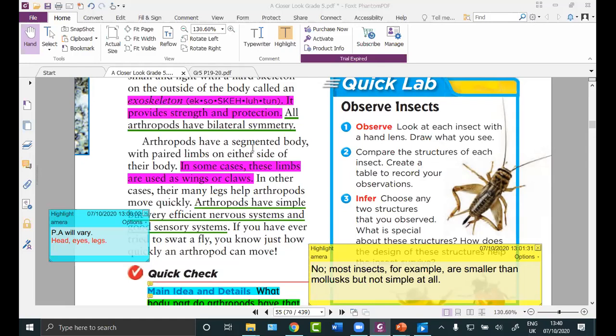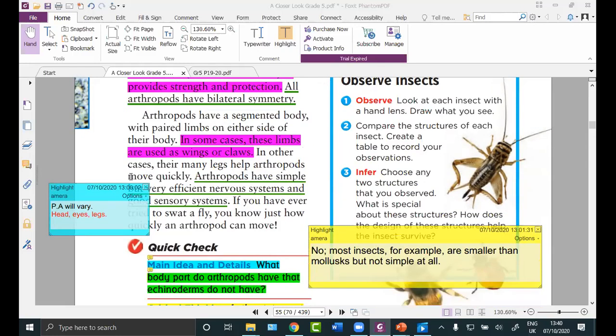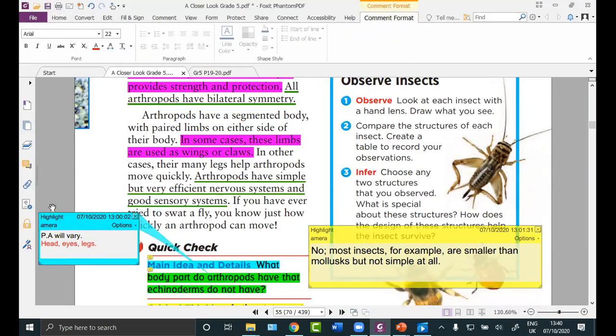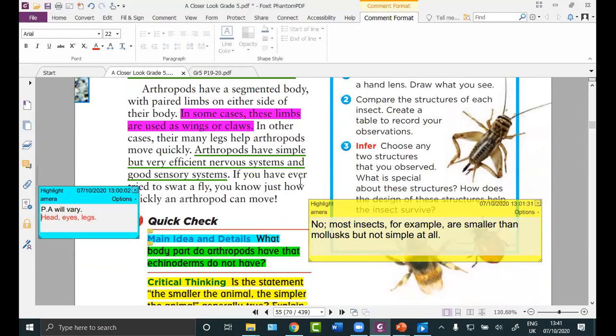Arthropods have a segmented body with paired limbs on either side of their body. In some cases, these limbs are used as wings or claws. In other cases, their many legs help arthropods move quickly.